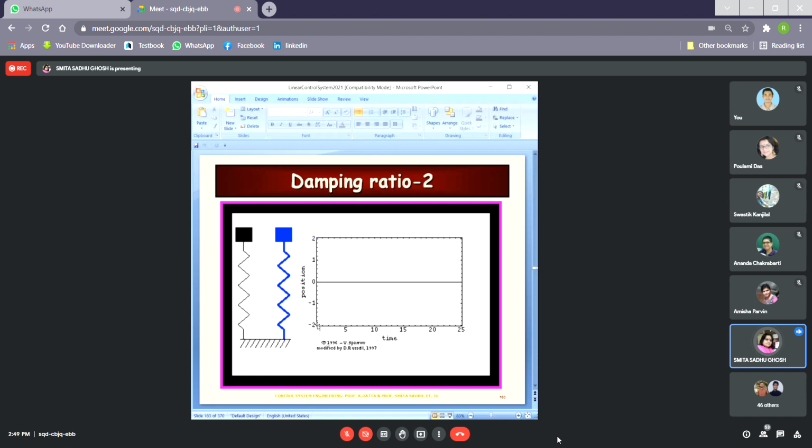Undamped, can anybody tell me what will be the nature of the oscillations for an undamped system if I plot it versus time? It will oscillate, but the amplitude of oscillations will remain constant. Okay. Undamped means it keeps oscillating between upper and lower amplitude values, but it never dies down.